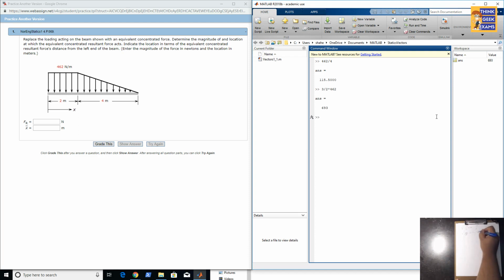So we can write this as 693. So that is our force equation for this part. It's going to be minus 115.5 x plus 693 dx, and that's our total force.